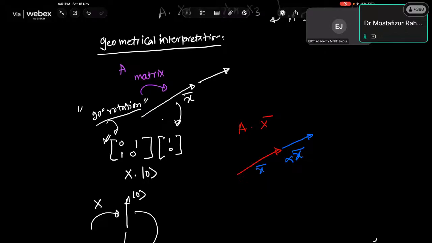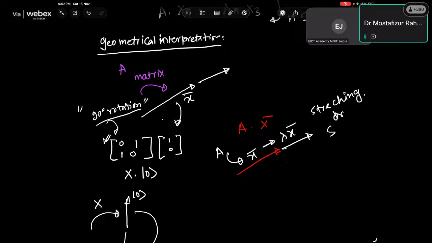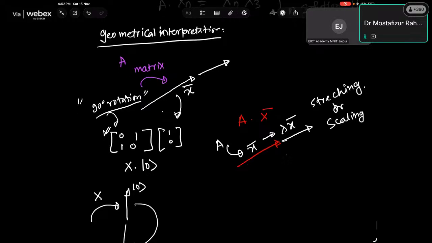So you applied A on X, and it basically does stretching. So if it is X, it will be lambda X by applying A. It only does stretching or scaling, but no change of angle.